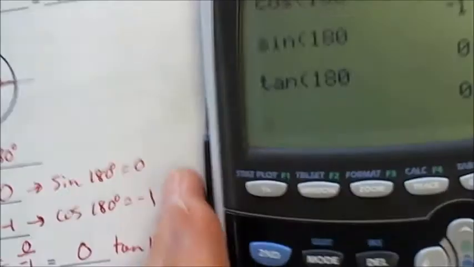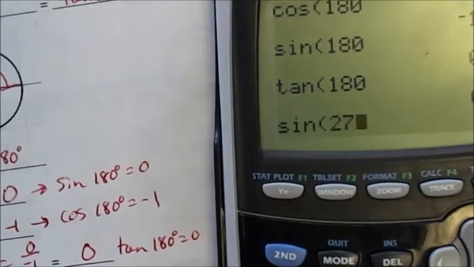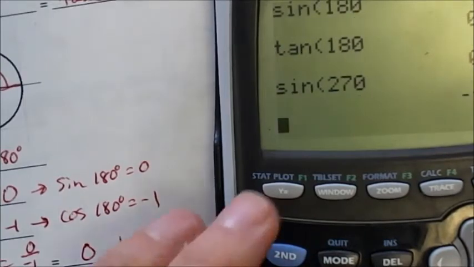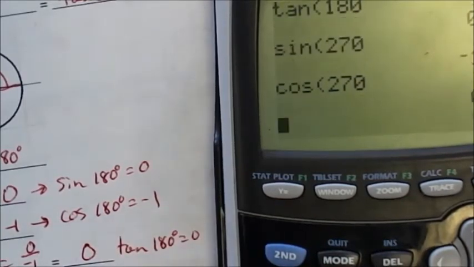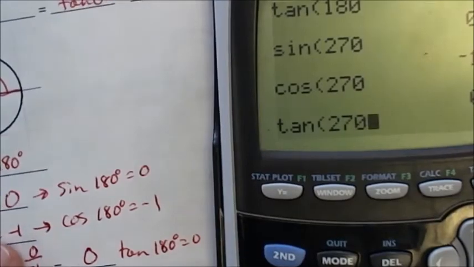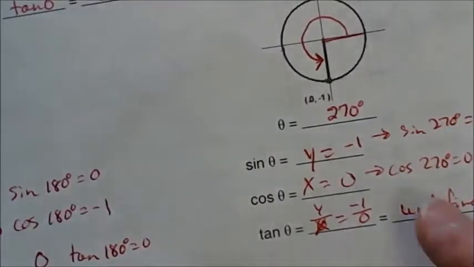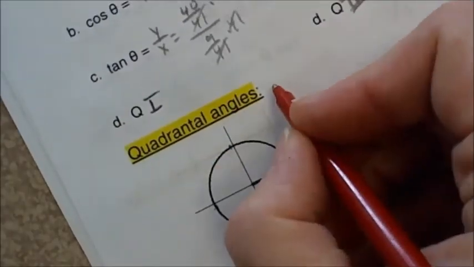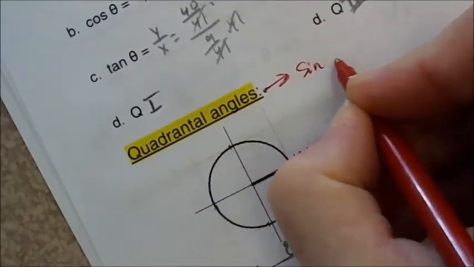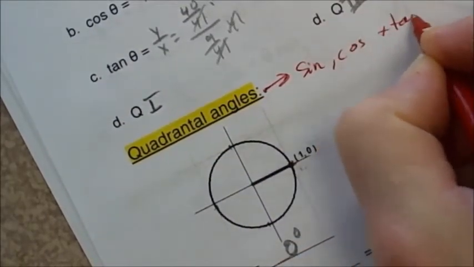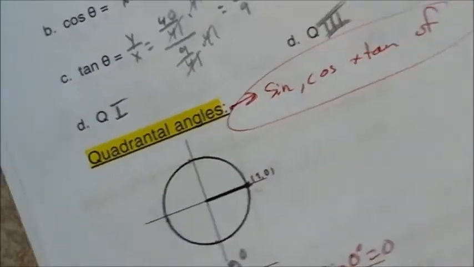So we can ask about the sine of 270, -1. The cosine of 270 is 0, and the tangent of 270, you'll get an error message. So those are pretty important. Quadrantal angles. We've got the sine, cosine, and tangent of all of these.